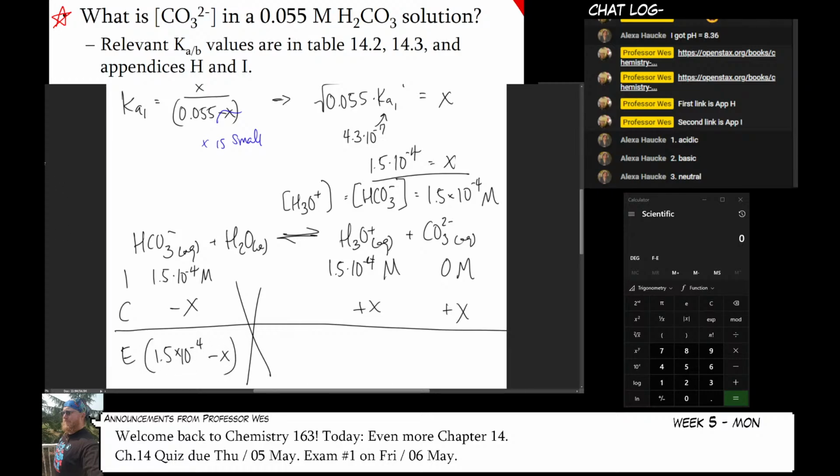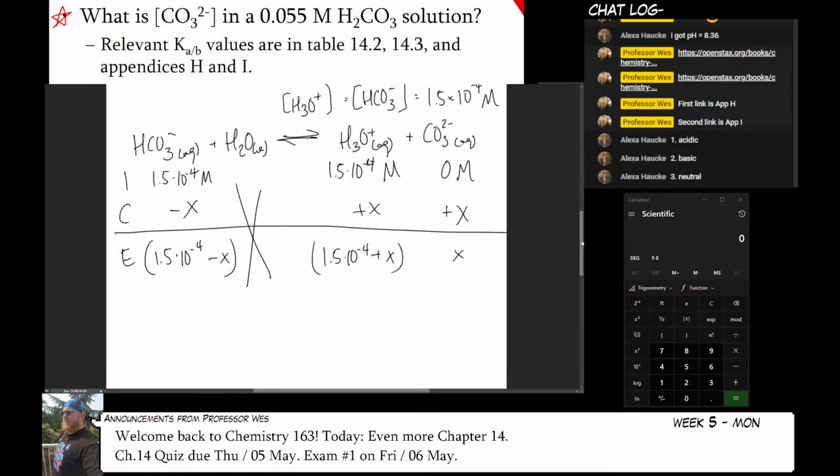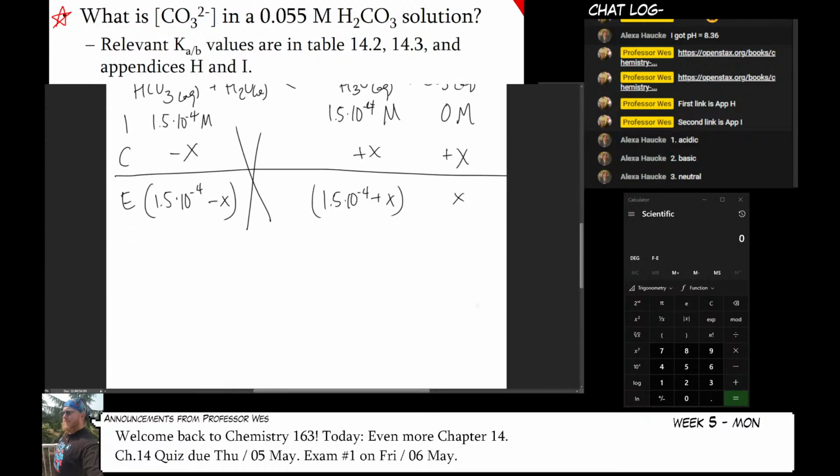I don't like using an X when I have a variable x in there. I want to make that a dot so it's clear. So now I got that. And I can say Ka2 will equal my products over the reactants.